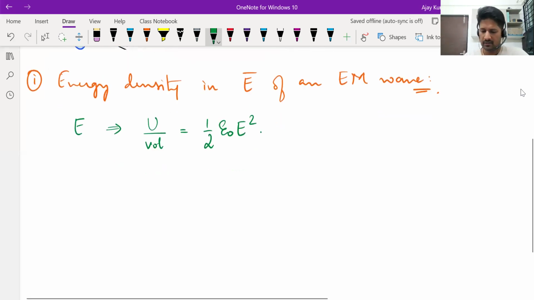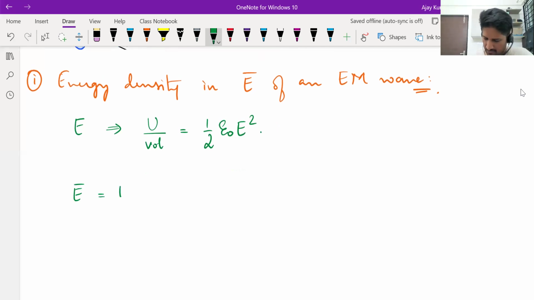Fine. Now, the electric field created by an electromagnetic wave is of this kind, E naught sine of omega t plus or minus kx plus phi. It's non-constant, non-uniform. At a given time, from point to point, it will be different. At a given point, from time to time, it will keep changing.